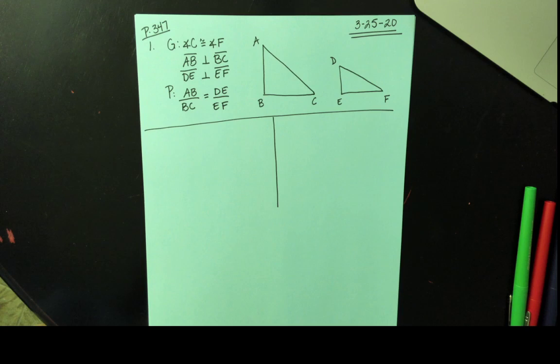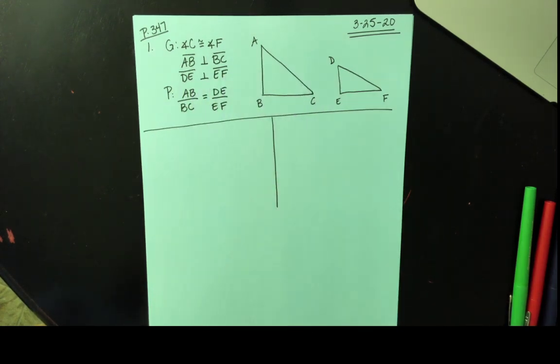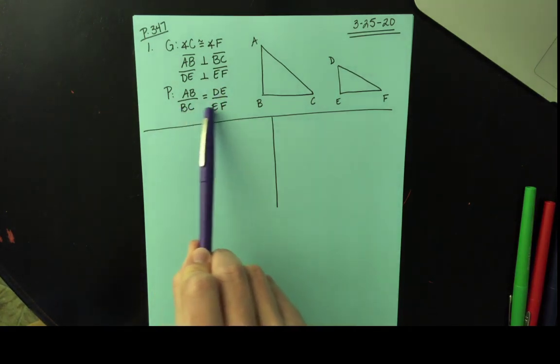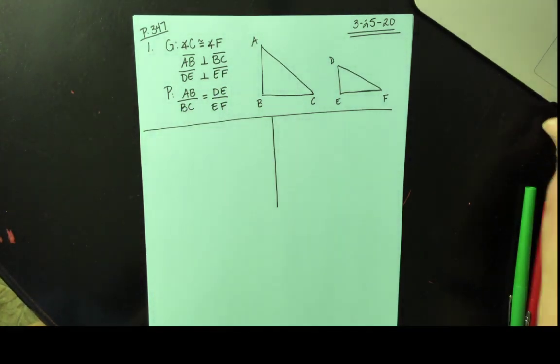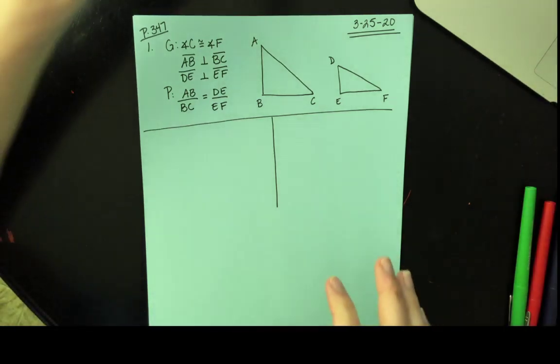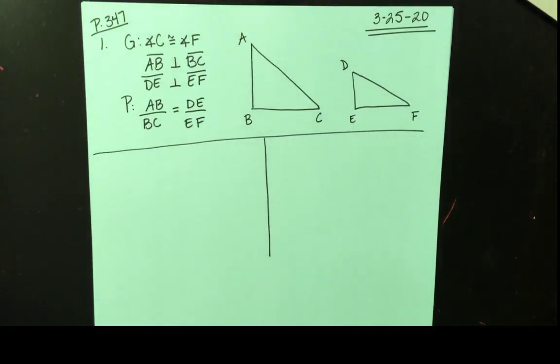So what we were talking about before the ball started spinning on my computer and nothing could be done is our proofs on the ENC pages, and looking at how we're going further than just saying that it's side, side, side, or just saying that it's angle, angle. In this situation, our proof statement at least gives us an idea that we are talking about similar triangles, not just that we're in this chapter.